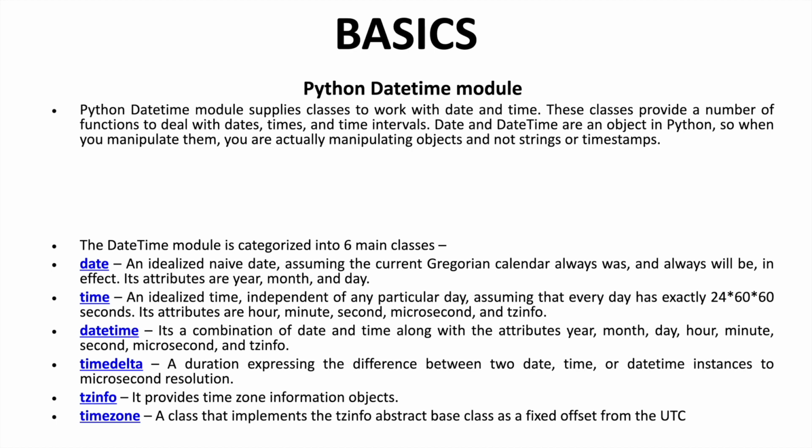Timedelta is used to express the difference between two datetime values. If you want to calculate the difference between times, you can go for timedelta. tzinfo means time zone info, for example, Indian Standard Time or Greenwich Mean Time. Those things can be fetched and used in your program.